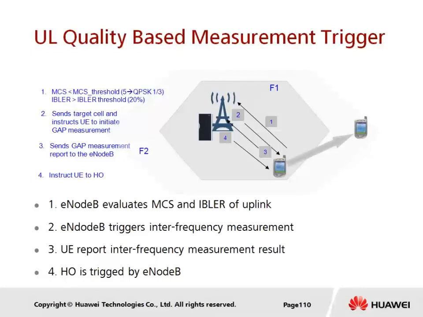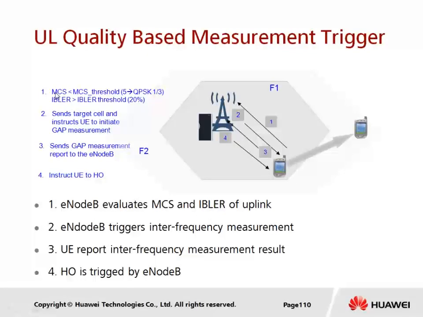interfrequency handover is triggered based on uplink quality. Uplink quality is determined by the eNodeB by checking the modulation and coding scheme and the initial block error rate of the uplink.